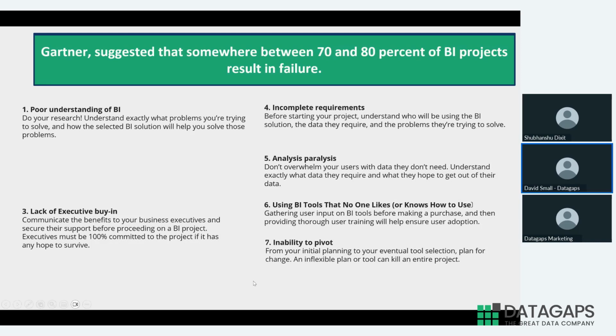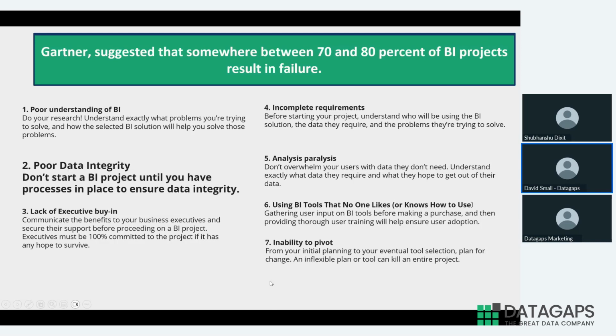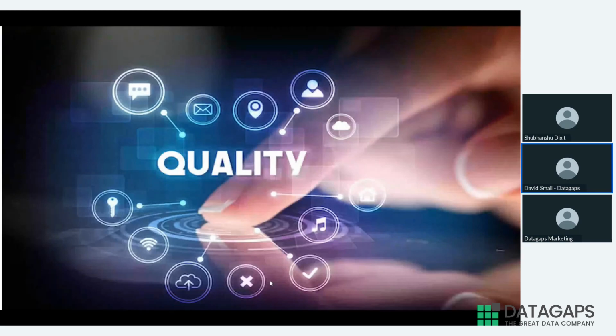But one of the things that we see a lot is it has to do with poor data integrity, not just poor data quality, but poor data integrity. So you really shouldn't start a BI project until you have processes in place to validate the end-to-end data journey that's ultimately going to end up in your data analytics platform. Quality is extremely important.